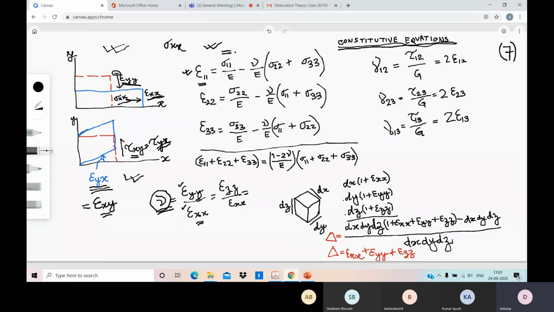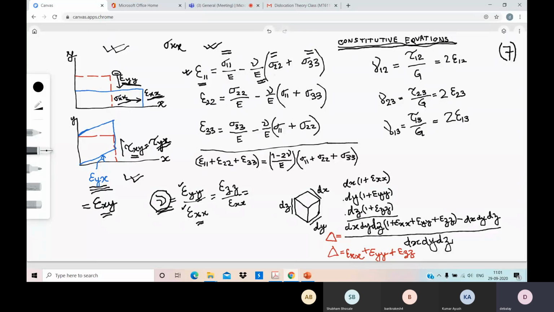Sigma xx causes epsilon xx, but some other components can also cause that same strain component epsilon xx, and those are sigma 22 and sigma 33, and they will be related by Poisson's ratio, because sigma 22 will directly cause epsilon 22, but the body will also shrink in direction 1, so there will be an epsilon 11 as a transverse strain. That relation will be estimated by this nu by E term, where E is the Young's modulus.